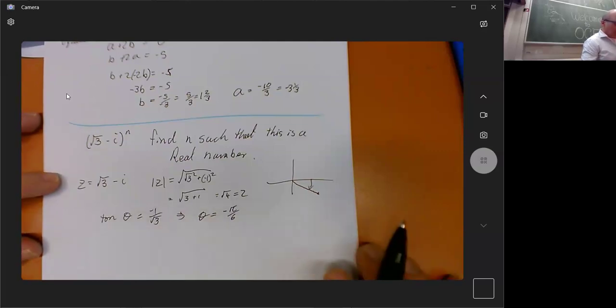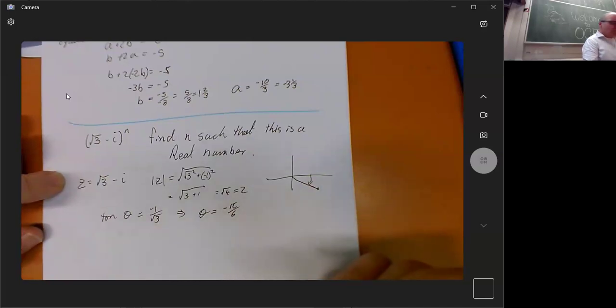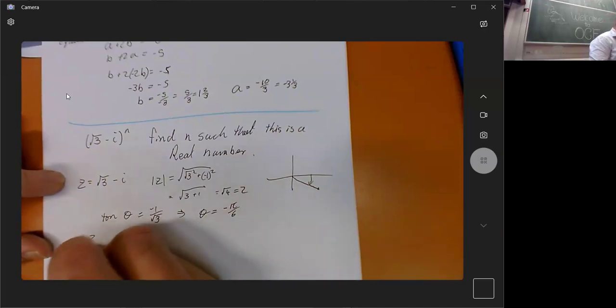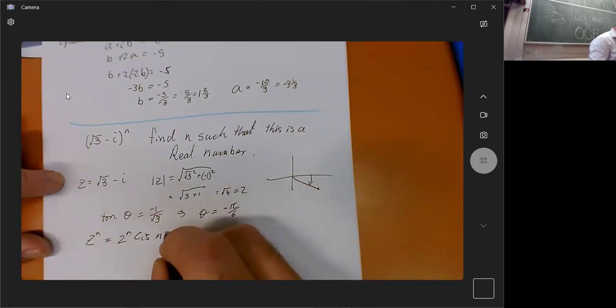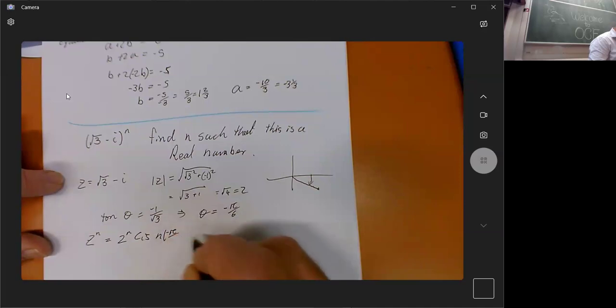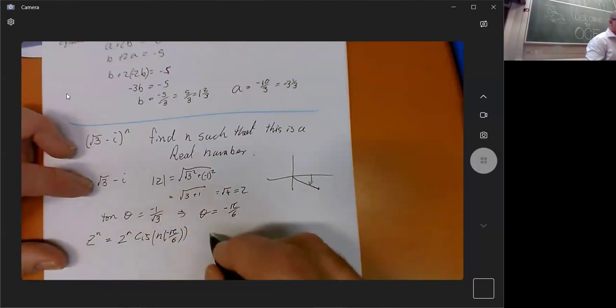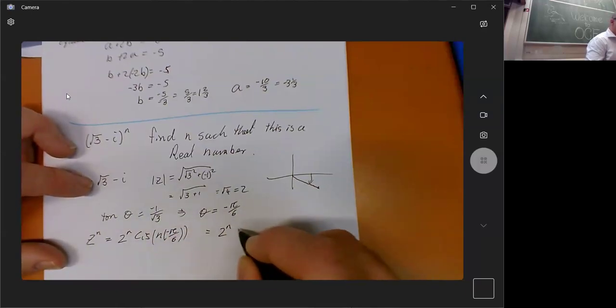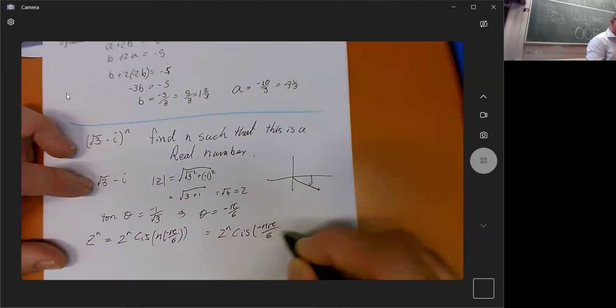So z to the n is going to be 2 to the n cis n(-pi on 6), which we might write as 2 to the n cis(-n pi on 6).